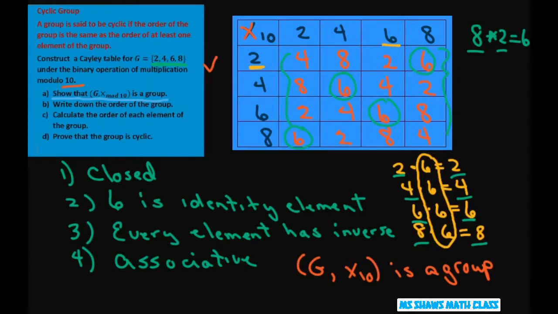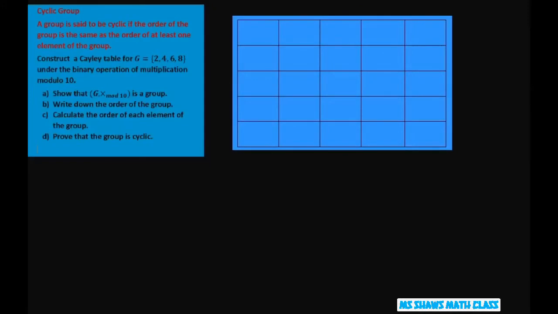Now we want to write down the order of the group, and then calculate the order of each element of the group. So let's do that. I'm going to go ahead and write this out again. So this is 2, 4, 6, 8. 2, 4, 6, 8. And we got 4, 8, 2, 6, 8, 6, 4, 2, 2, 4, 6, 8.